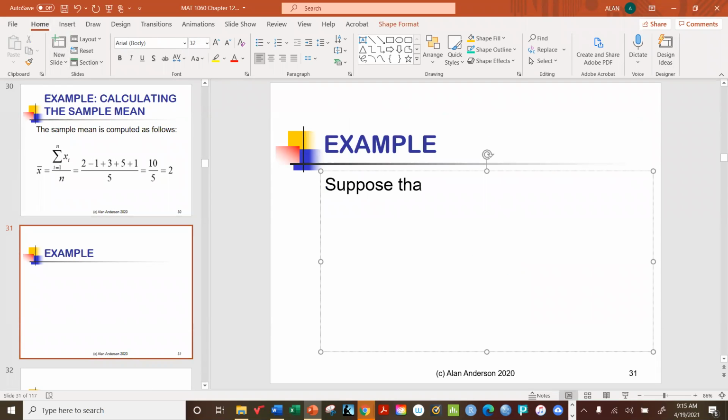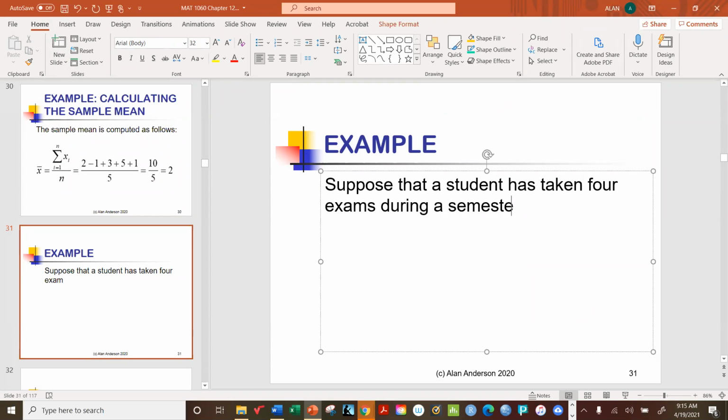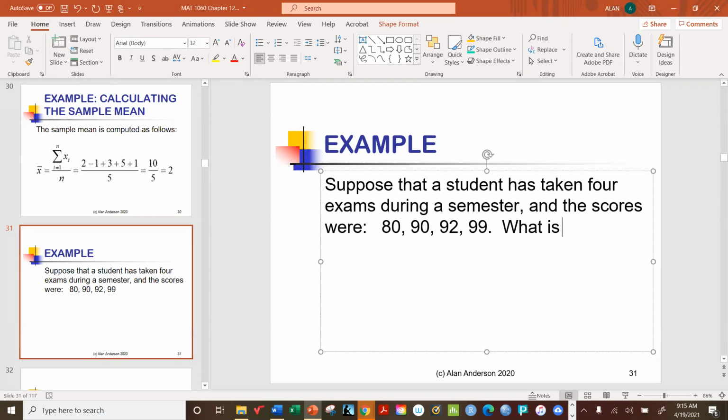Suppose that a student has taken 4 exams during a semester, and the scores were 80, 90, 92, 99. What is the student's average?